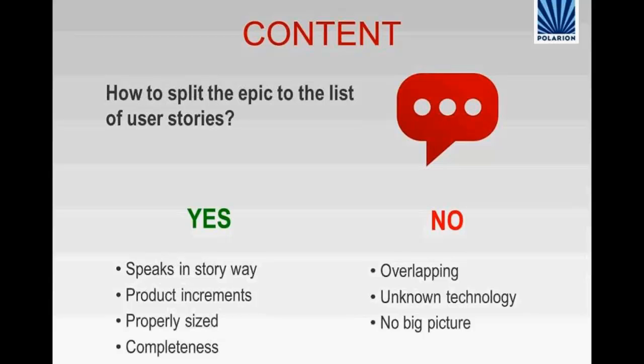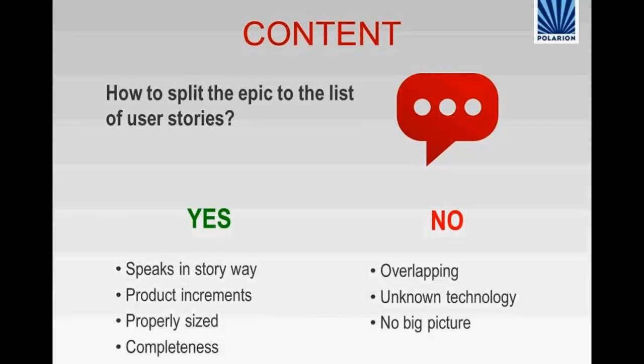In the same way, the preference is that the stories are not overlapping, because if they are overlapping, it's again pretty difficult to estimate them, and you cannot reorder the elements easily because there is not a clear description of what is the increment behind the user story.